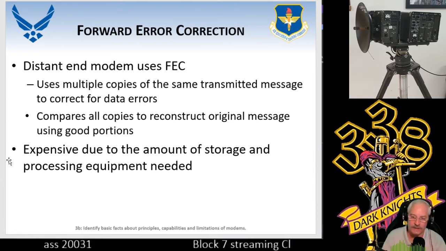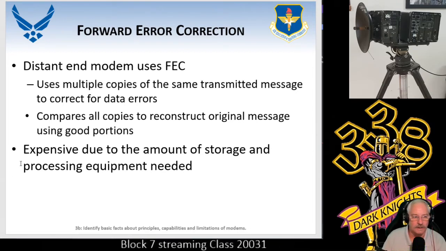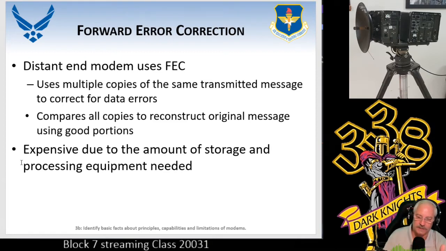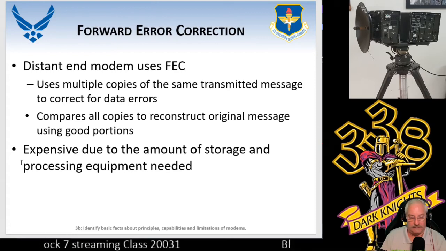In order to help ourselves get that information to the distant end, we use something called forward error correction. The easiest way to describe it: let's say you're sending some information from your computer, and it's important that the distant end gets that email with the document.